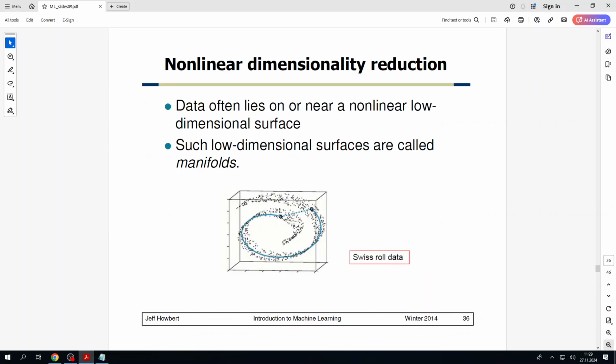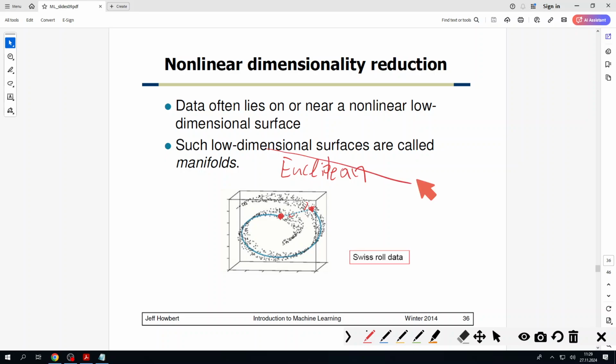Consider this three-dimensional data, and that you need to find a way from this point here up to this point by following this data structure, not directly like here, which is called Euclidean metric. That is not what we want. What we want is to follow all the data pattern and find the geodesic distance.